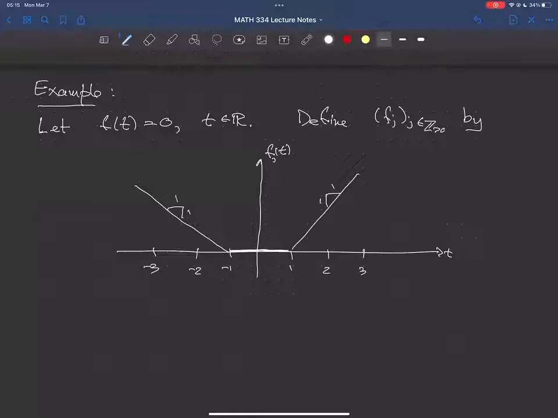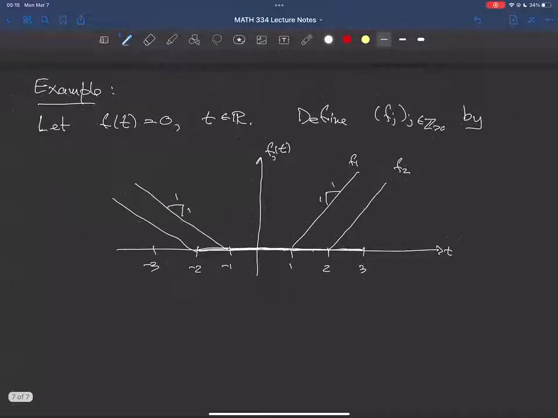This is f_1. Now f_2 is going to be 0 between -2 and 2, and then it's going to do the same thing as f_1. Again, it doesn't matter what the slope is, but let me make it the same as f_1. And then f_3 will be the same thing.